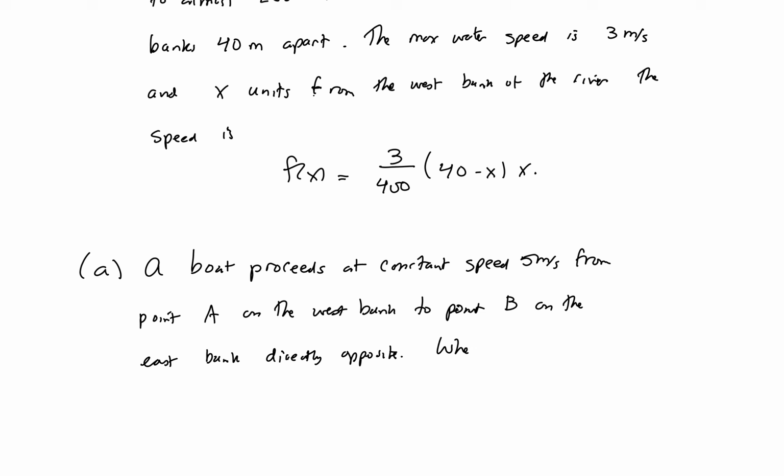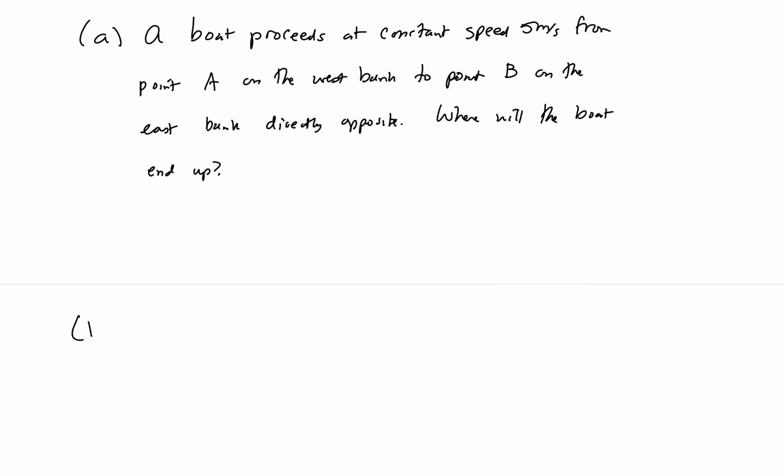So where will the boat end up? That's the first question we're going to ask. And the second question will be, what if we wanted to actually land at B?